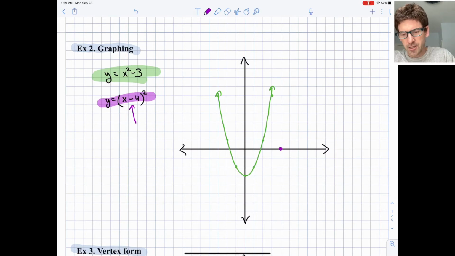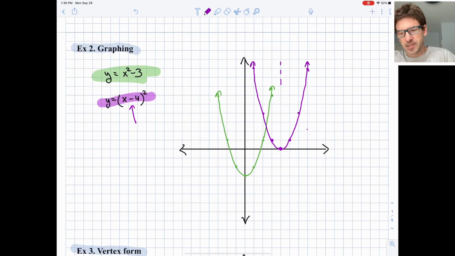Vertex right there, over 1 up 1, over 2 up 4, over 3 up 9. And then symmetric on the other side of our axis of symmetry, excuse me. Okay, so just to be clear, this dashed line I'm drawing down through the vertex is the axis of symmetry. Okay, that's a parent parabola shifted to the right by 4.